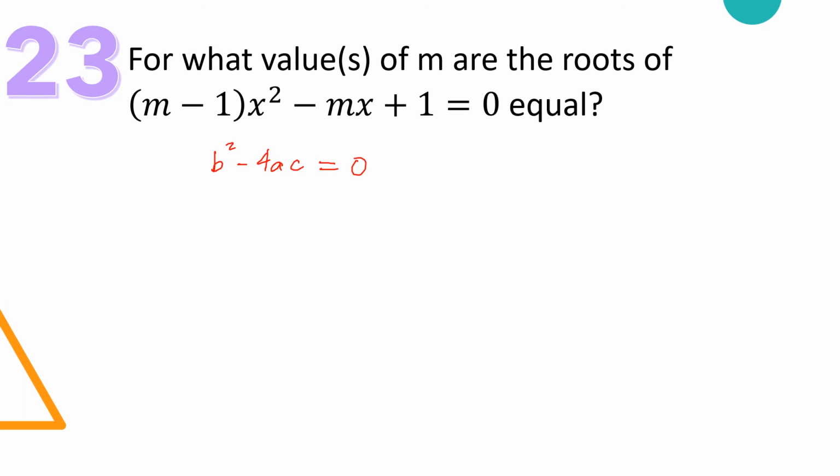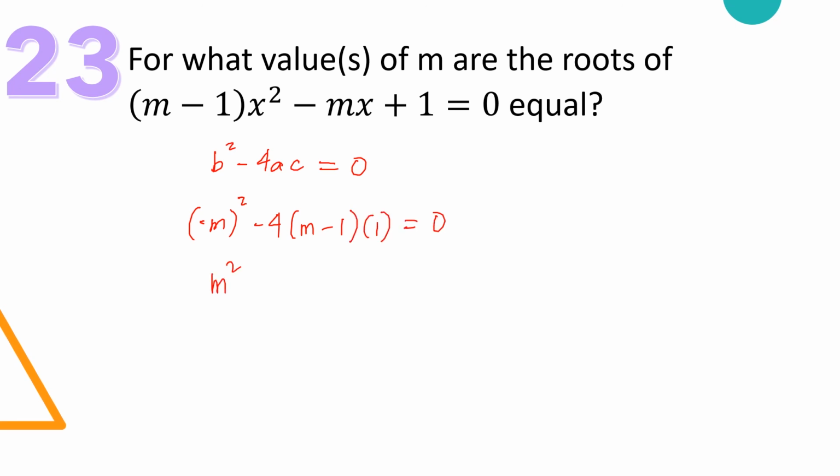Hence, in the given quadratic equation, we have negative m squared minus 4 times (m minus 1) times 1 equals 0.